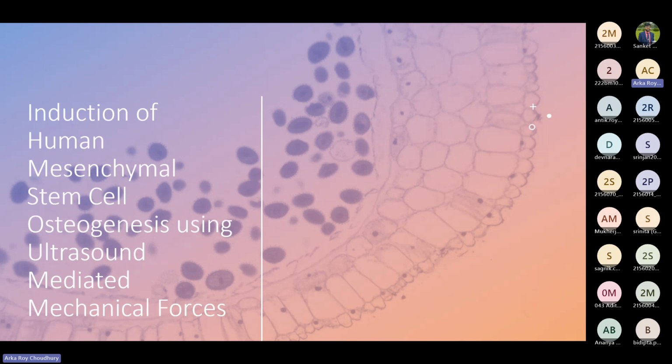When mechanical forces are introduced to the stem cells, there are MAPK and ERK pathways that are activated within the stem cells, and the downstream effect of those signaling proteins is the upregulation of osteogenetic factors, transcription factors or osteogenetic markers like osteopontin, RUNX2, BMP.